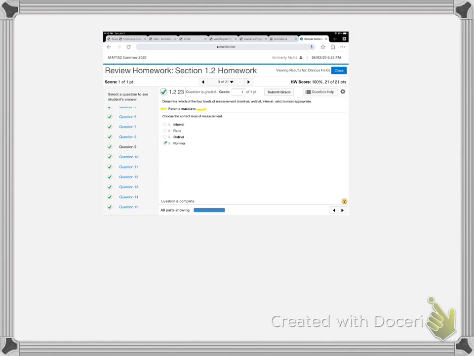Because the musicians are a discrete list of names of people, they are in name only. We can't put them in any meaningful order. It's just a listing. So that would be nominal.